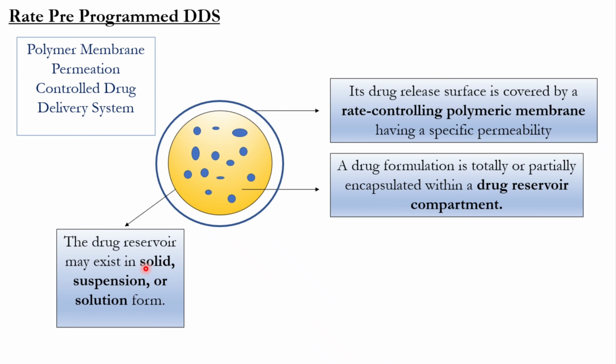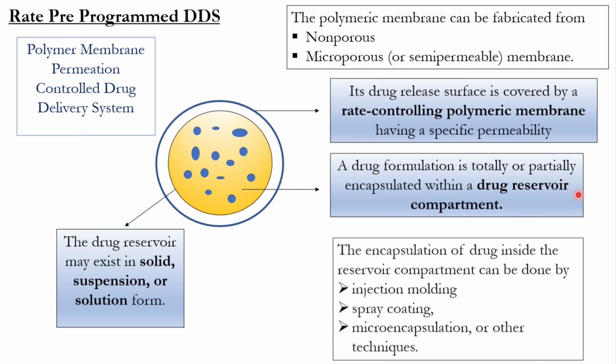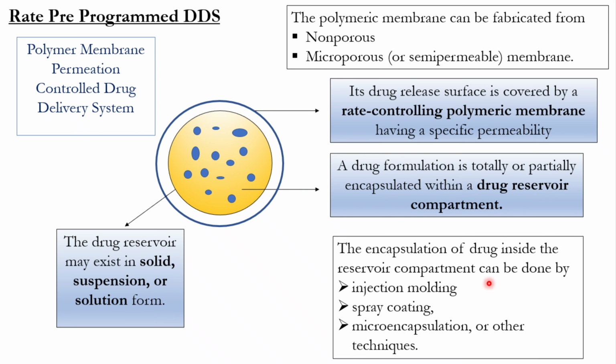The drug reservoir may exist in solid, suspension, or solution form. The polymeric membrane can be fabricated from a non-porous or microporous membrane. The encapsulation of drugs inside the reservoir compartment can be done by injection molding, spray coating, microencapsulation, or other techniques.